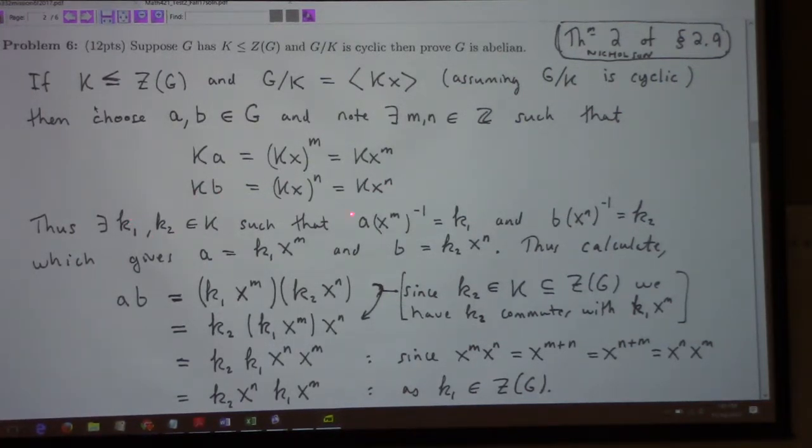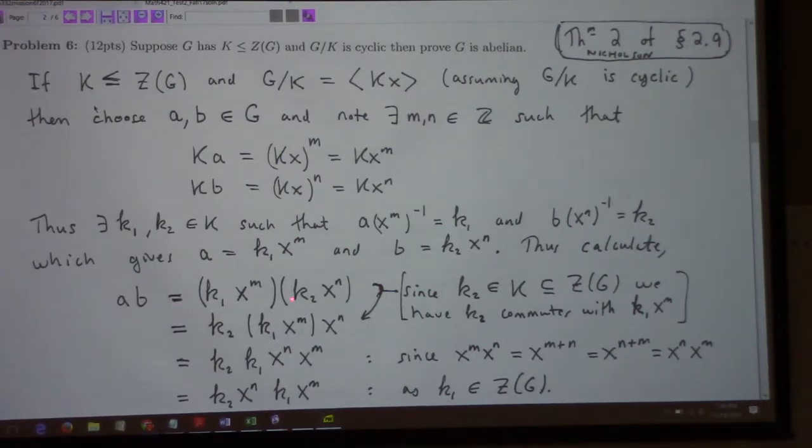But what that means is that there exist k1 and k2 in K such that a x to the minus m is k1 and b x to the minus n is k2. Which is to say that a is equal to k1 x to the m and b is equal to k2 x to the n. All right, thus calculate. ab is this, right? But remember that k2 is in the center because K is a subset of the center, which means that k2 commutes with k1 x to the m.